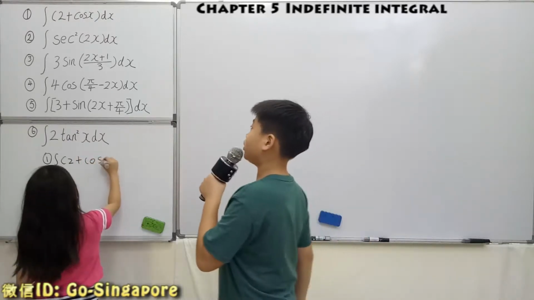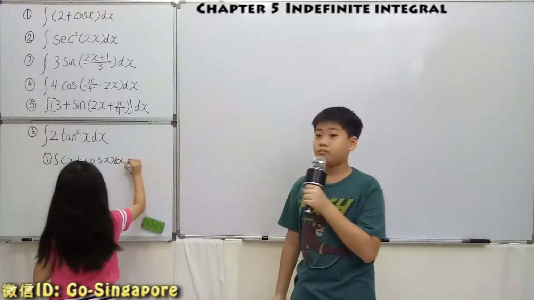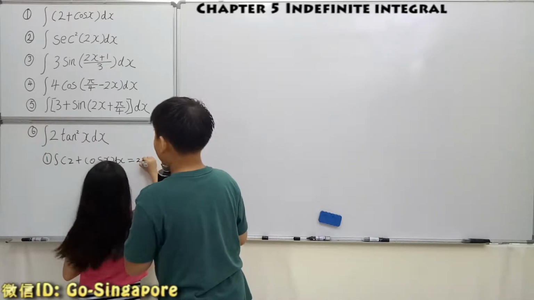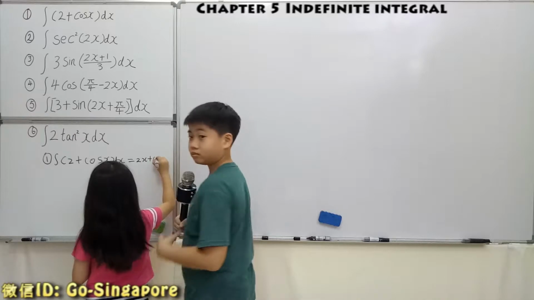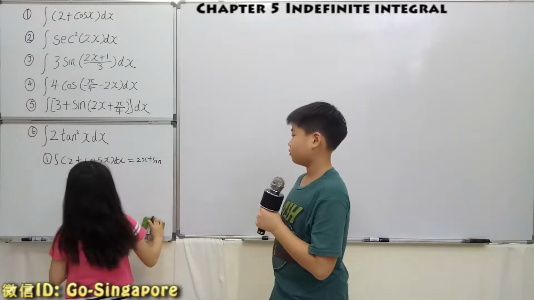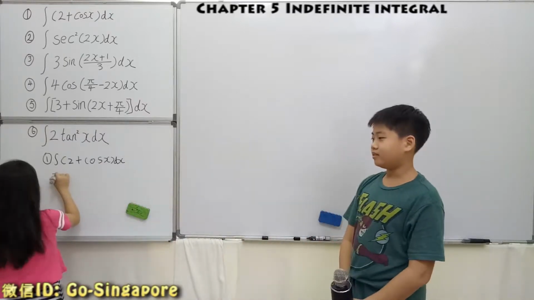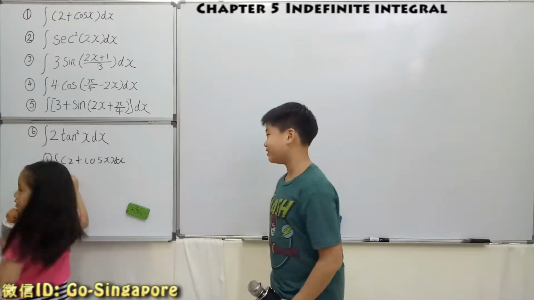Question 1 is the integral of (2 plus cosine x) dx. This question is actually quite simple, right? Yes. Write it below.